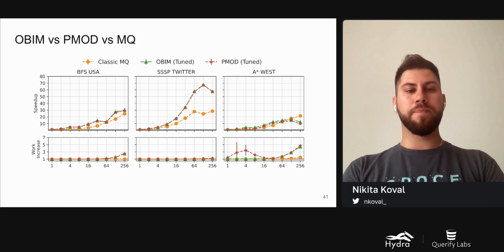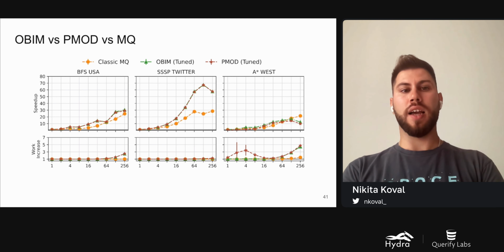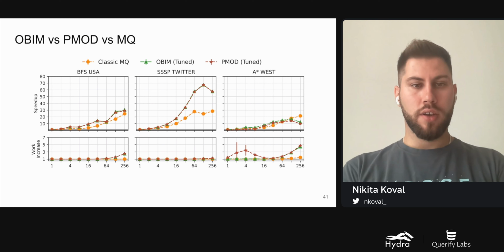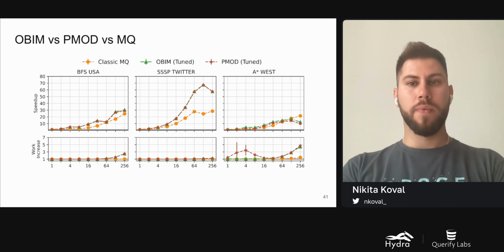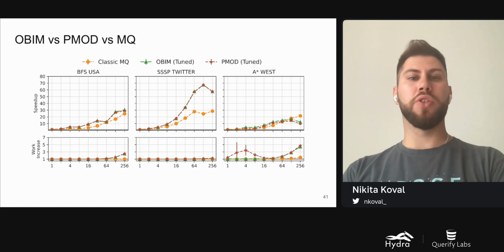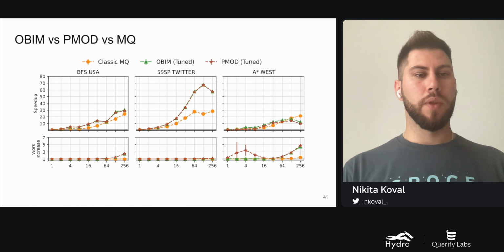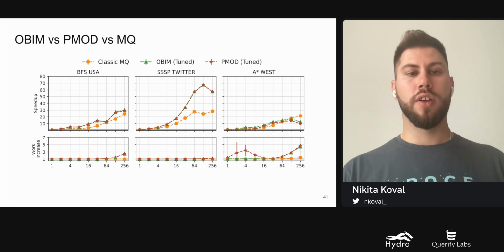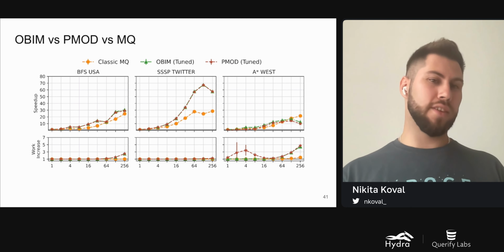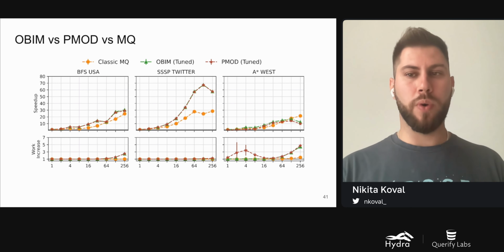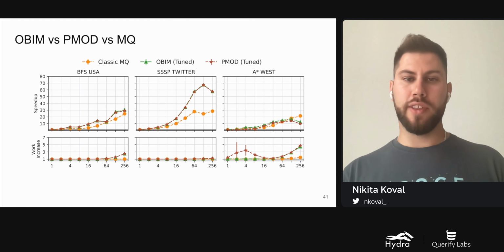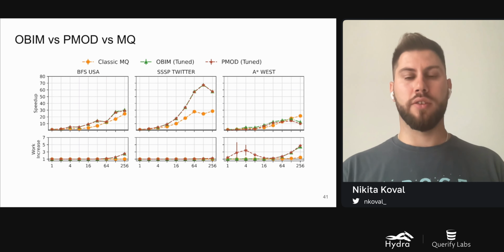So it's a very efficient scheme. And if we compare the classic ABIM and PMOD schedulers and the multi-queue design, then we see the following. Here are the graphs for different benchmarks. We run different parallel algorithms. One is breadth-first search. The second one is actually a kind of Dijkstra. And the last one is the A-star algorithm, which also finds the shortest path between nodes.